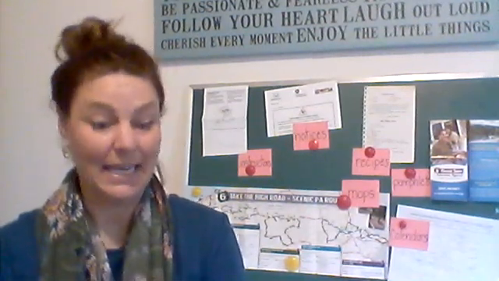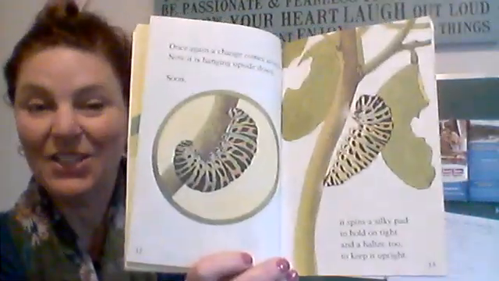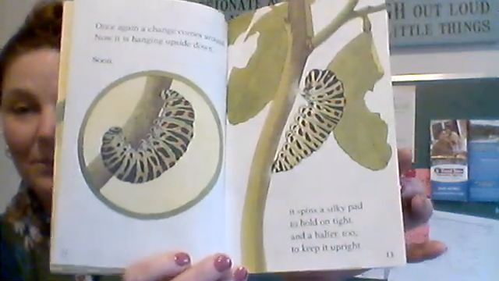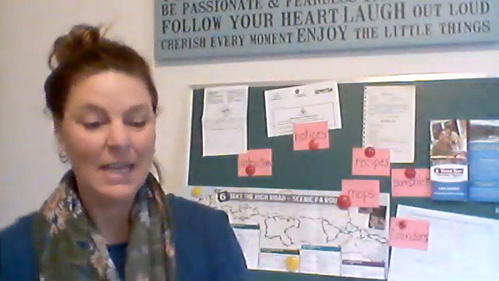Once again, a change comes around. Now it's hanging upside down. And soon it spins this silky pad to hold on tight and a halter, too, to keep it right. Now it sheds its skin one time more to reveal a chrysalis, not at all like its skin before. Inside the shell it's changing, growing.